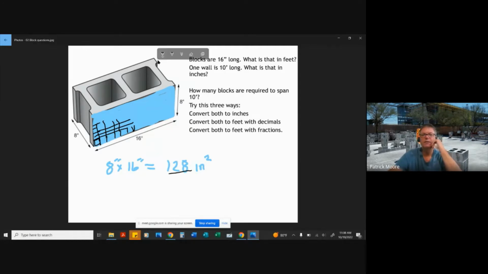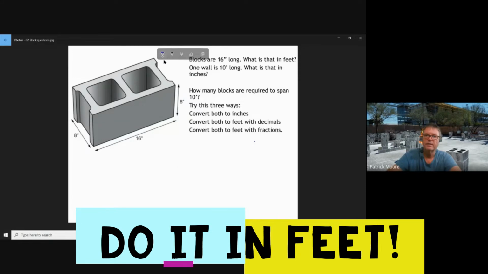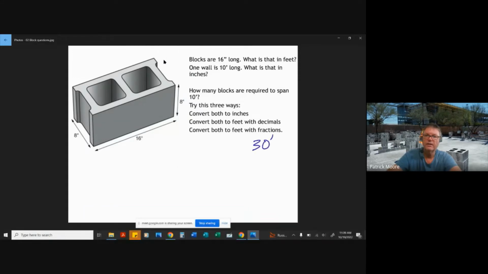So now that's a lot of little square inches, and we're going to have some really high numbers if we're trying to find out. That's just for one block. If the wall is 30 feet long and 20 feet high, how many blocks?